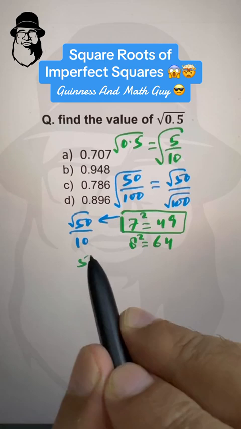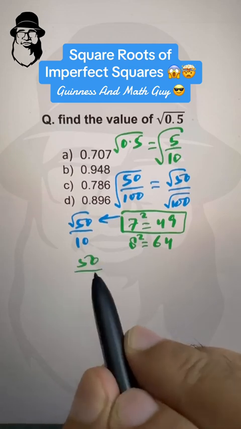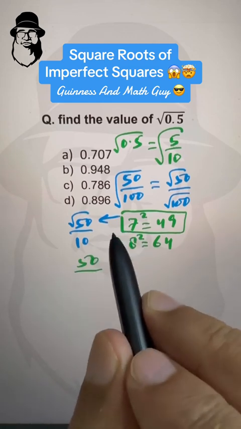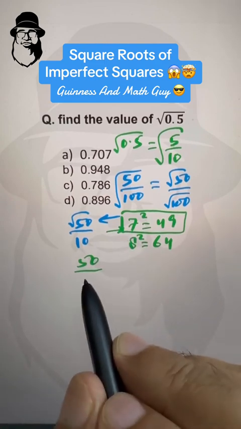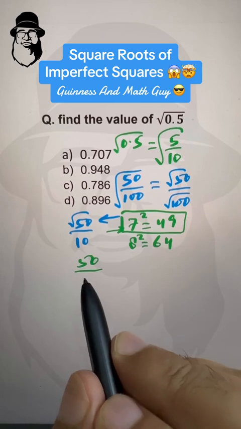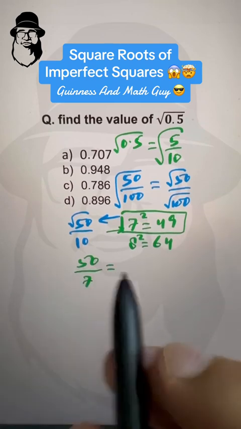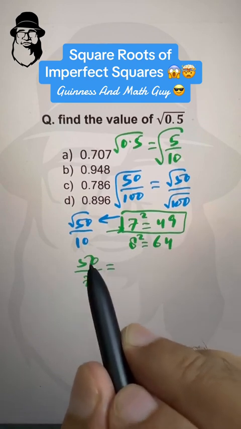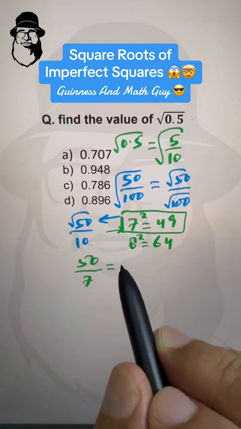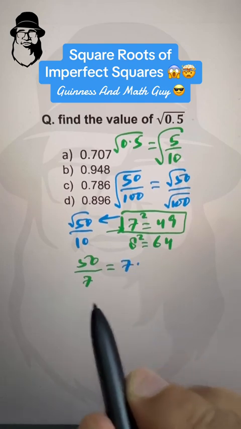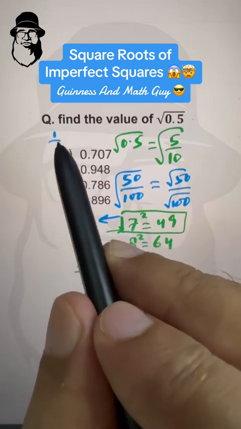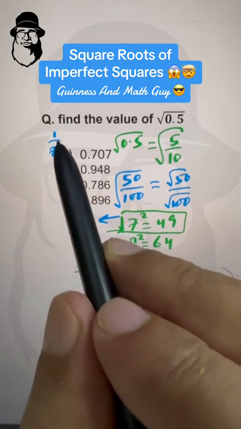Write 50 as it is, the first step, in the numerator, and the square root of the nearest perfect square in the denominator, that is 7. 50 divided by 7: 7 times 7 is 49. Then we have 1 over 7, 1 remainder.